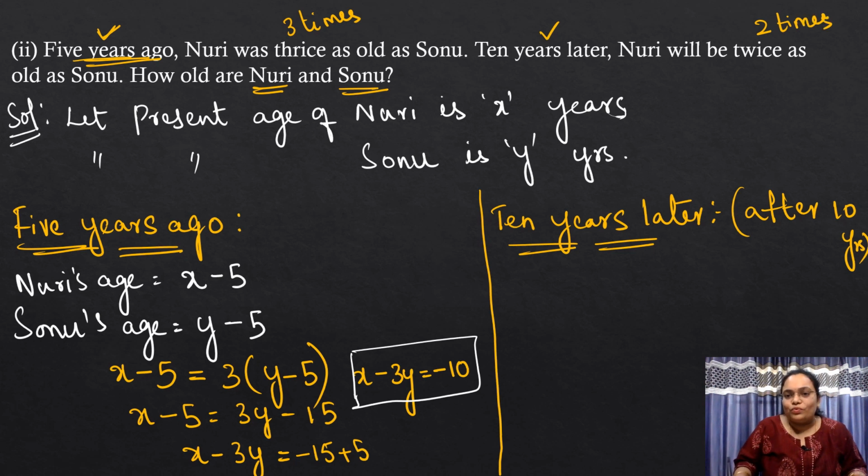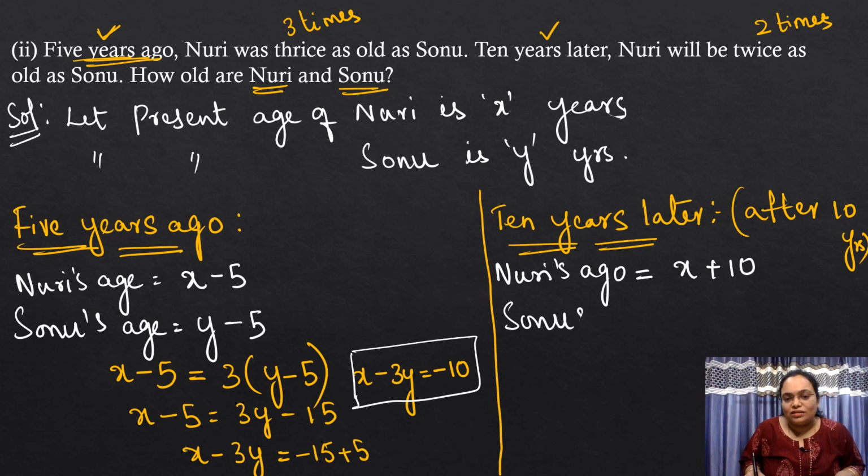So after 10 years, what will be the age of Noori? Noori's age after 10 years will be x plus 10. Sonu's age after 10 years will be the present age plus 10 years, that is y plus 10.